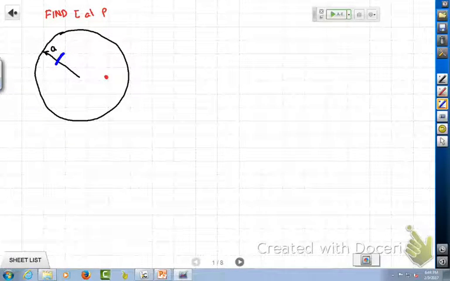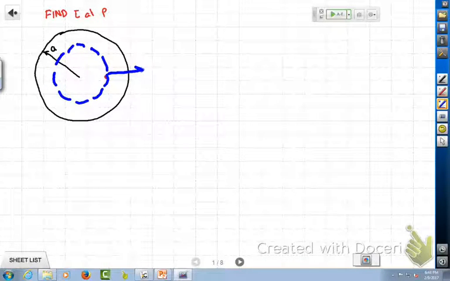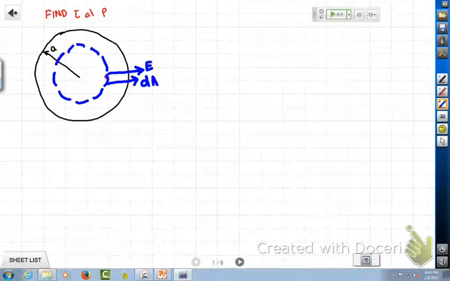So I imagine a Gaussian surface like that, and I imagine an electric field, E, and an area vector, dA. The radius of the Gaussian surface is r.